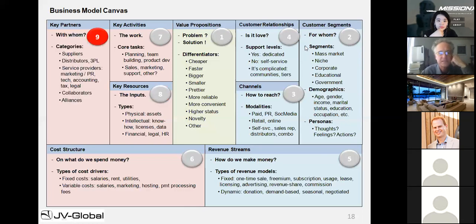And last but not least, who are some of the partners that you will have to work with? Suppliers, any distributors, especially if you work on a physical product, you have to work with third-party logistics companies that are shipping your product from the origin manufacturing plant to the actual distributor, to the individual retail locations. There are individual service providers.